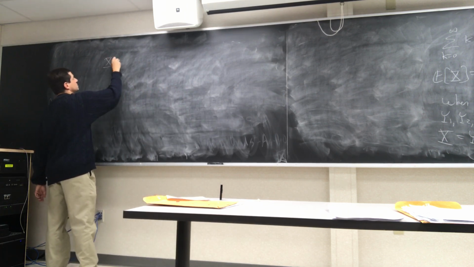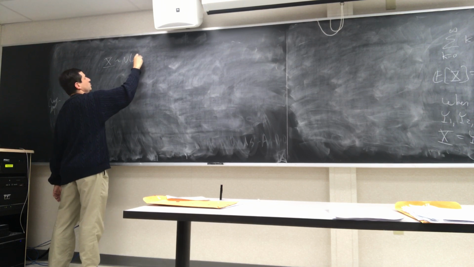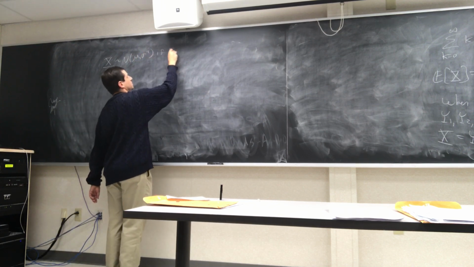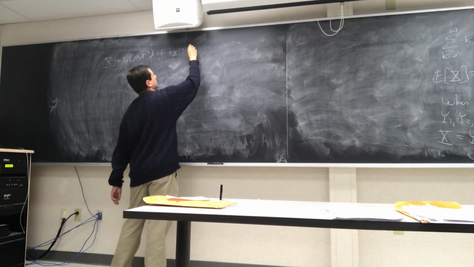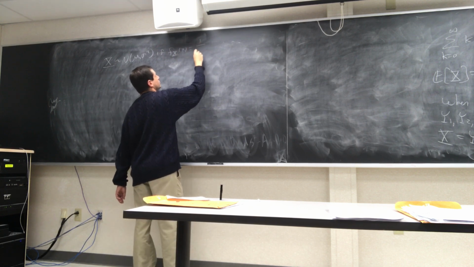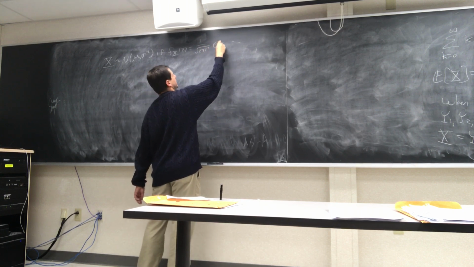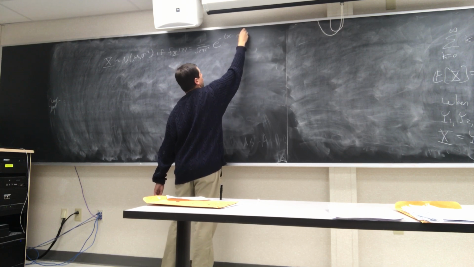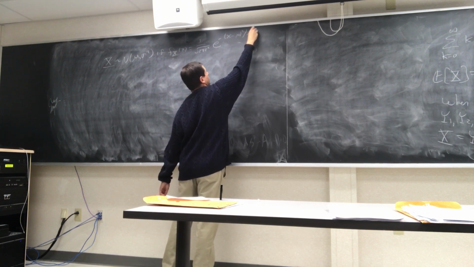So we will say x is normal with mean mu and variance sigma squared if the density function is equal to 1 over square root of 2 pi sigma squared, all under the square root, e to the negative x minus mu squared divided by 2 sigma squared.